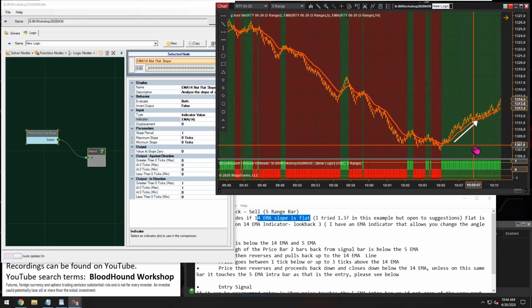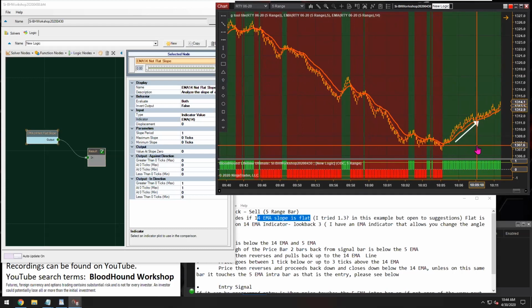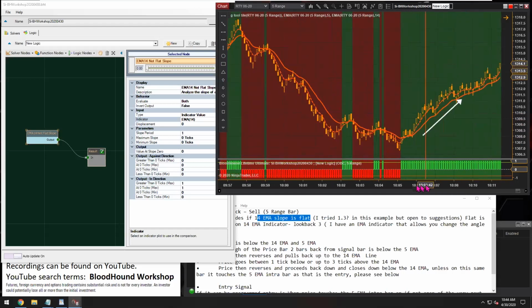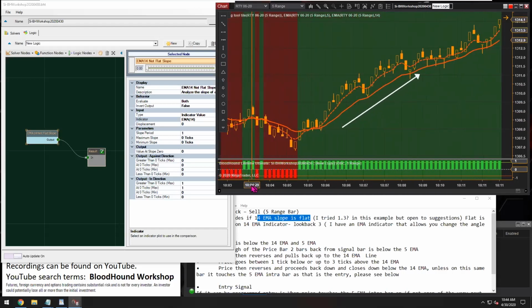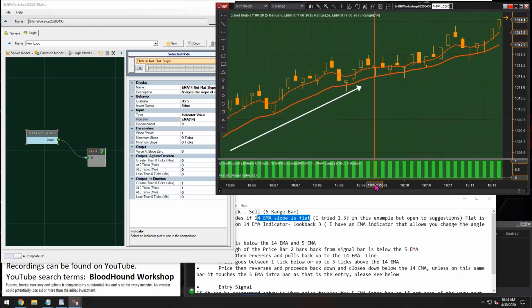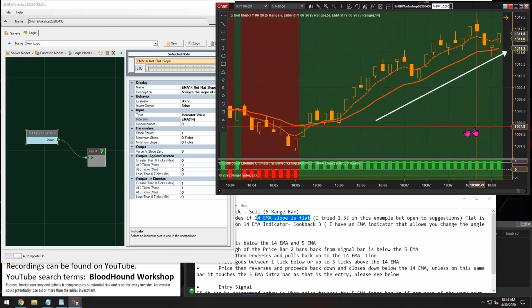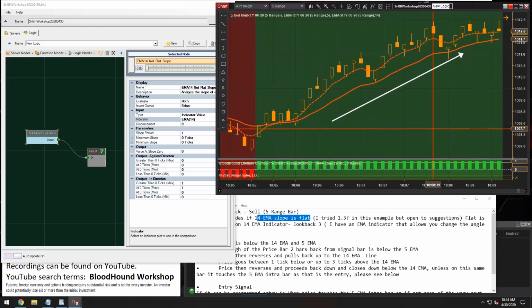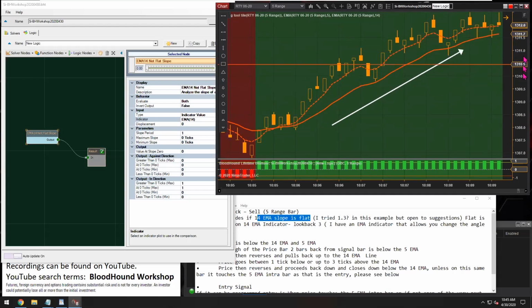But then, all I do is scroll back a little bit, and now my arrow looks like it's at 45 degrees, right? And then if I stretch my chart out, like so, look at that. My arrow gets flatter and flatter and flatter. So flatness is very subjective, based on how your chart is scaled, right?